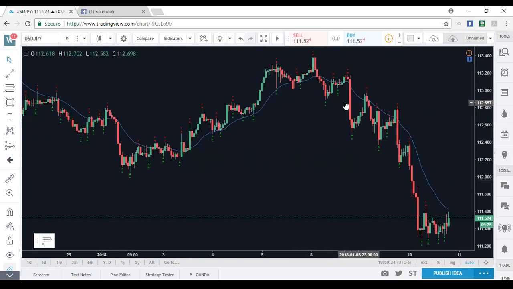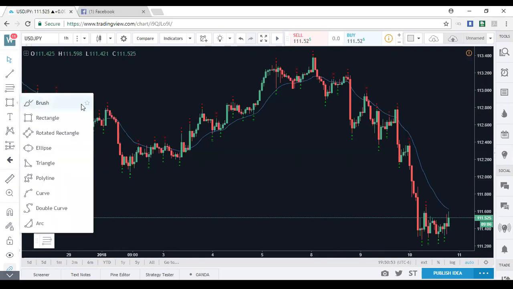And once they break through a level of support, they must go back and retest that same area or that same price and validate that now as a resistance. Let me show you.